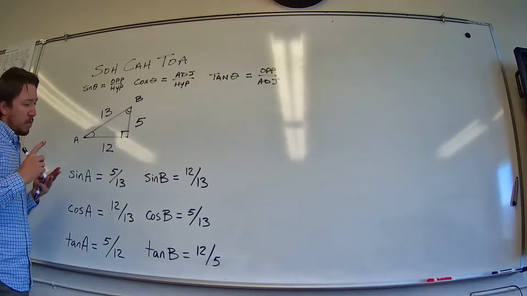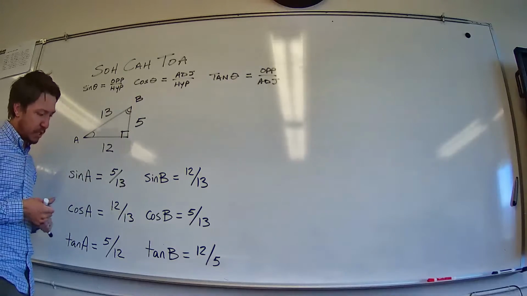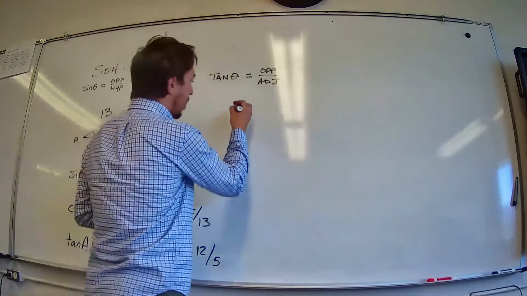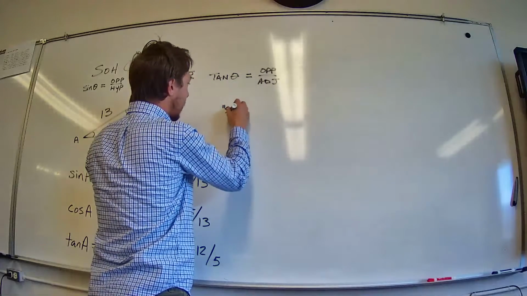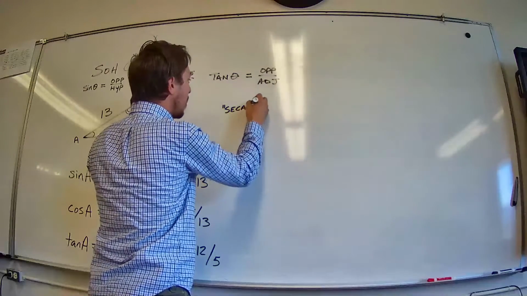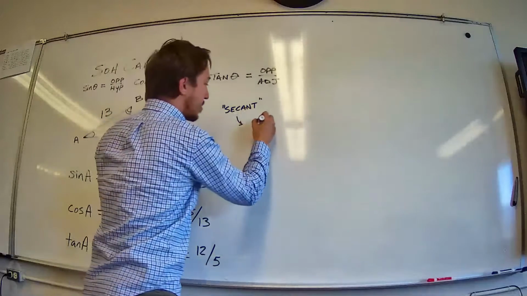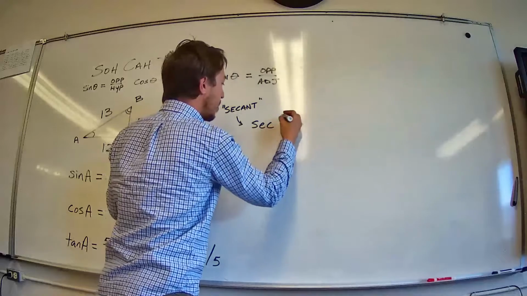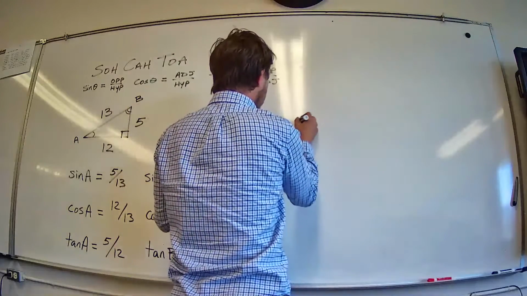So there are three more we've got to look at. There's secant, which you abbreviate as SEC. I'm just going to generalize this.